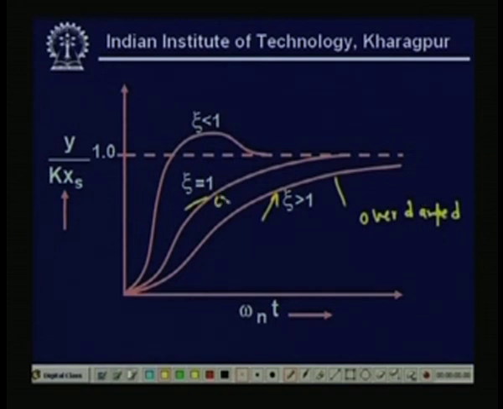This is the critically damped system, and this is our underdamped system.